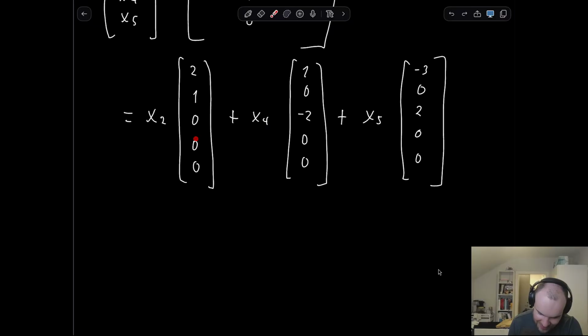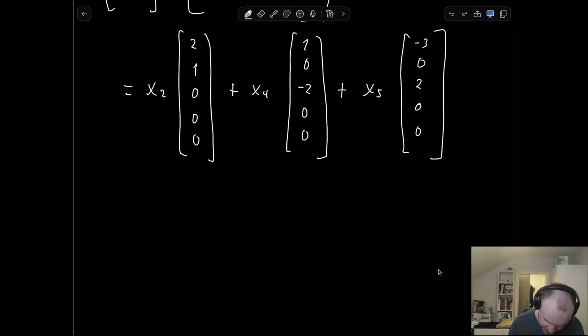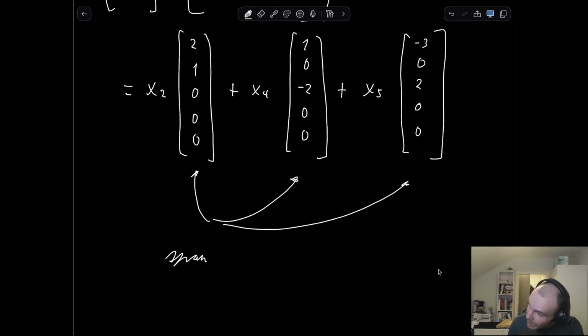So these three are independent. And since they're independent, we also know that they form a basis, right? So these three vectors here form a basis. And not only that, these three vectors, by definition then, span the null space.